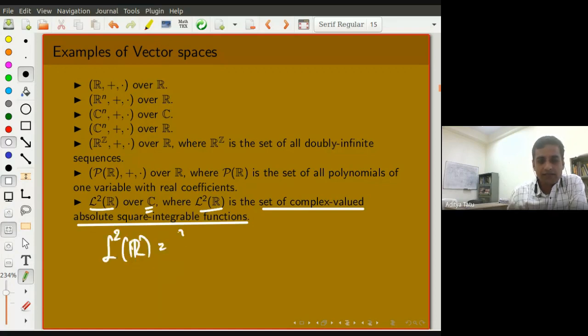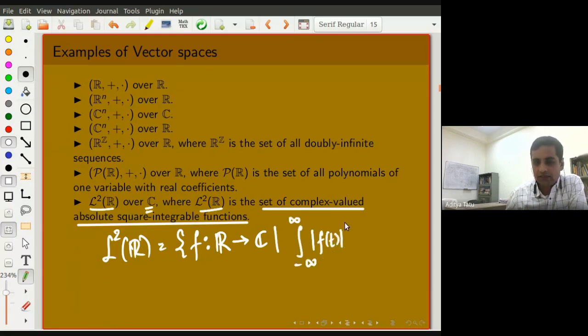L2(R) is the set of functions whose domain is the set of real numbers, whose codomain is the set of complex numbers, such that this integral is finite. Now, does it ring a bell?